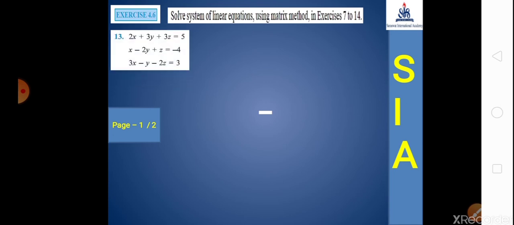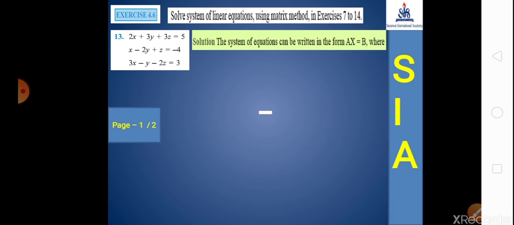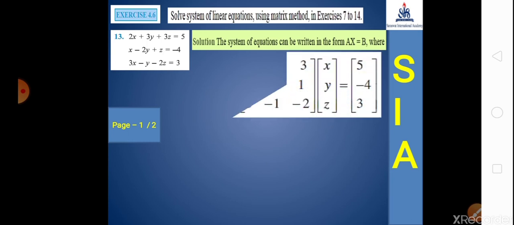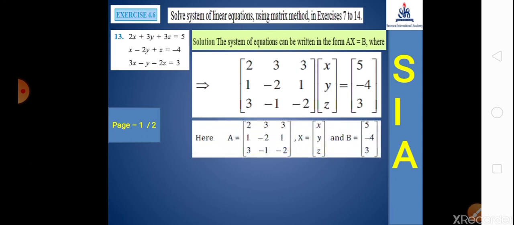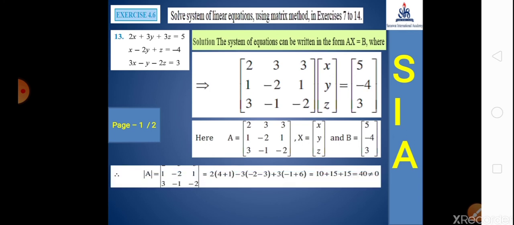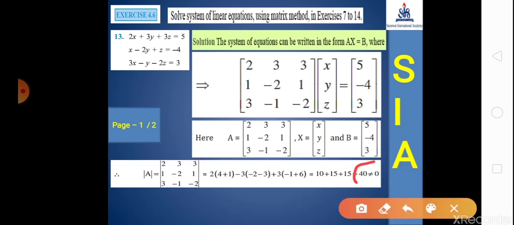4.6 question number 13. 13 also, the same process applies. Solution: the system of equations can be written in the form of AX is equal to B, where A, X and B are ready, and apply those values in the form of A, X and B. So finally I check the determinant of A and one more time highlight the determinant of A, check whether it is 0 or not.